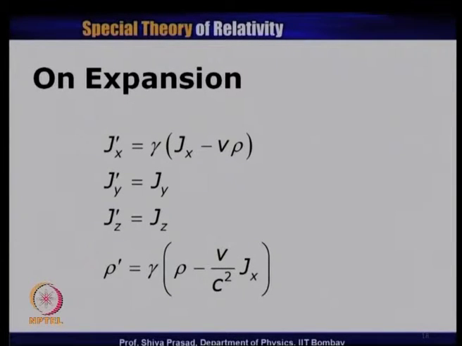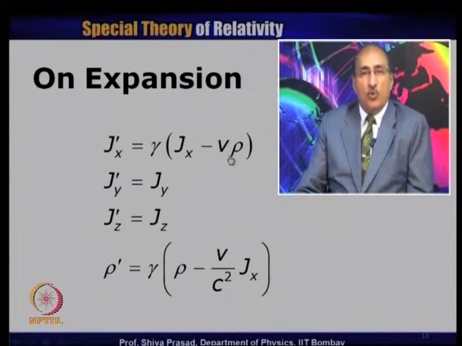So, this is what it becomes. J_x prime becomes equal to gamma times (J_x minus V rho), J_y prime remains equal to J_y, J_z prime remains equal to J_z, and the charge density will now be different in a different frame S prime, as given by this expression: rho prime will be gamma times (rho minus V J_x upon c square).